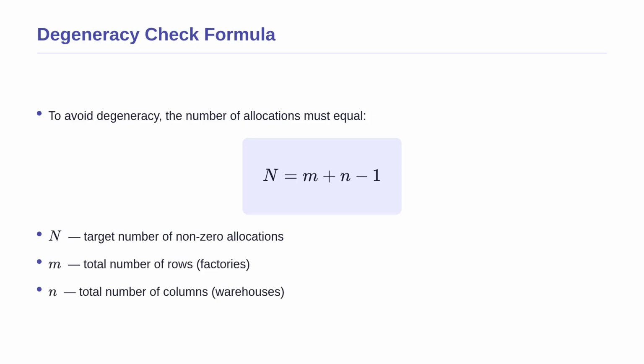The variable n represents the total number of columns, which is the number of warehouses. If our rule produces exactly this target number, the solution is normal. If the count is strictly less than this target, the solution is degenerate. Adding more factories or warehouses increases the required number of active routes.